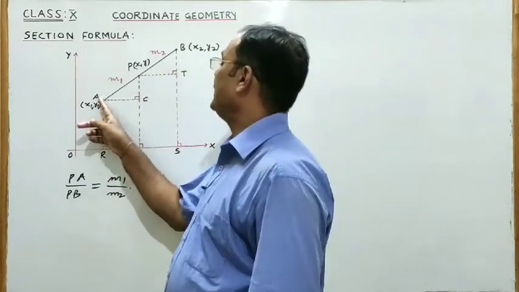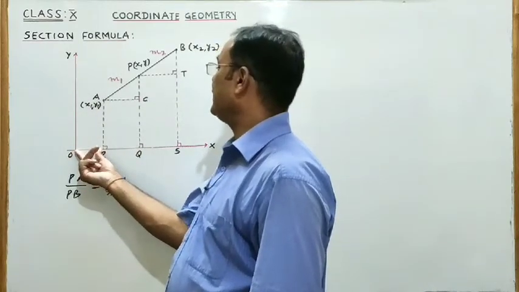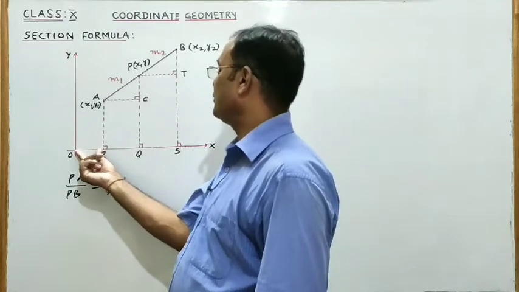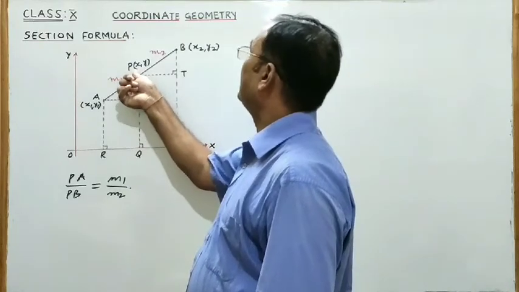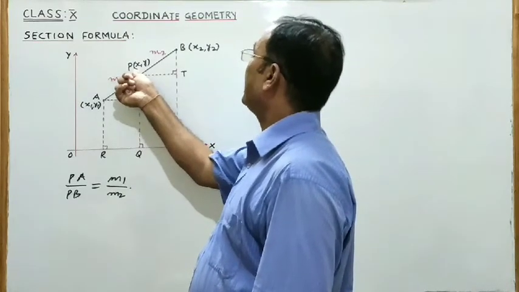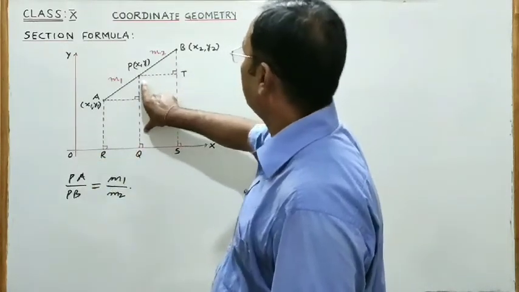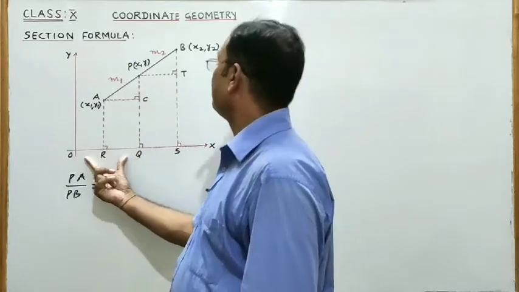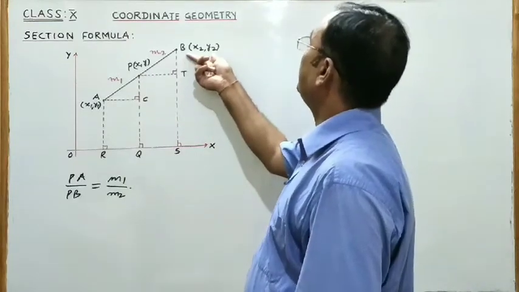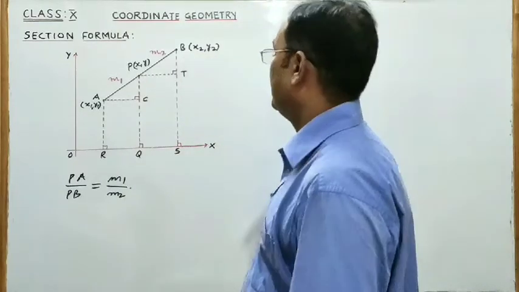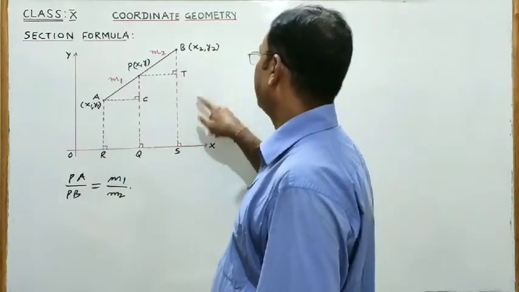Coordinates of point A are (x1, y1). So OR is the distance of point A on the x-axis, so OR is x1. Coordinates of point P are (x, y), so OQ is x and PQ is y. Coordinates of point B are (x2, y2), so OS is x2 and BS is y2.